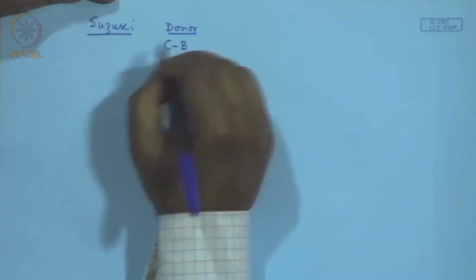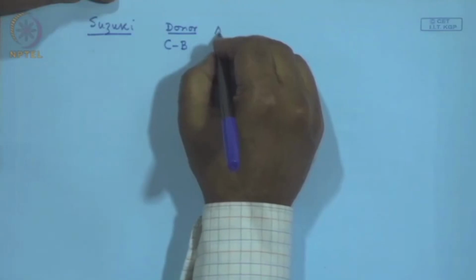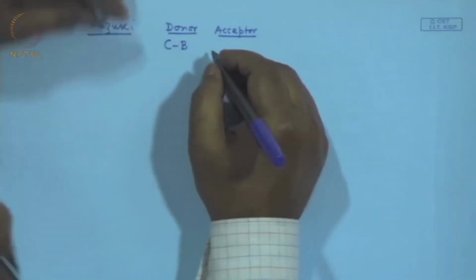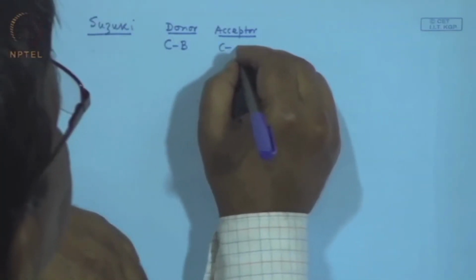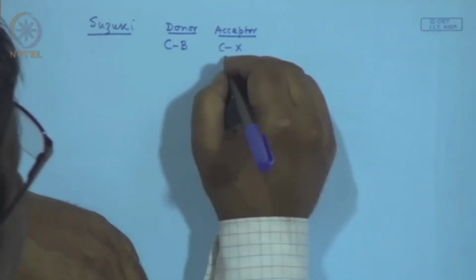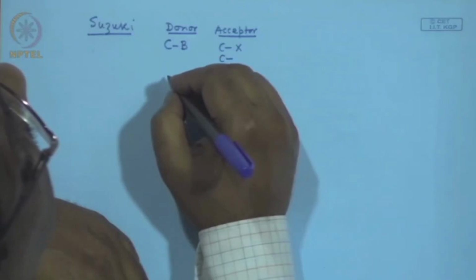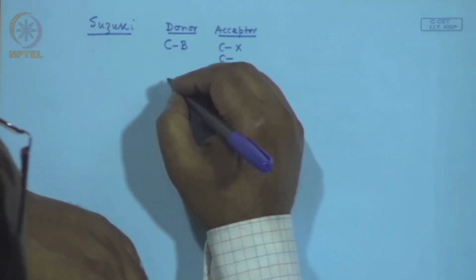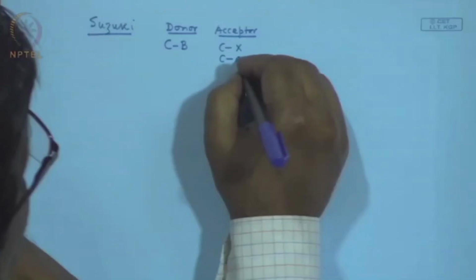So, boron, and the acceptor, that is what you also have to think about. What are the acceptors? Could be C-X halogen. What else? Triflate, very good.